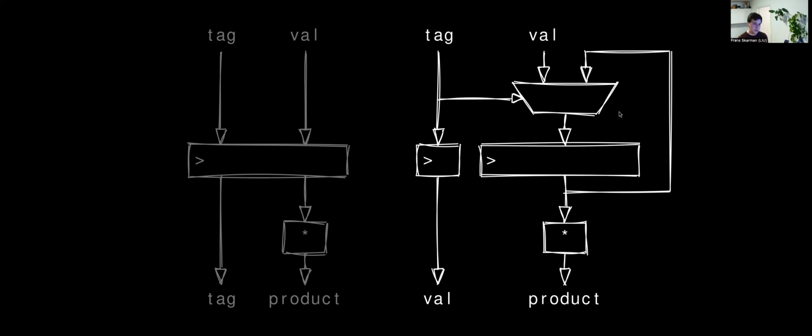Luckily, if you write the RTL code that describes this circuit, your synthesis tool will convert it into something better. In an ASIC case, it will convert that into just a clock-gated register. So whenever the tag is invalid, it will not clock the register.